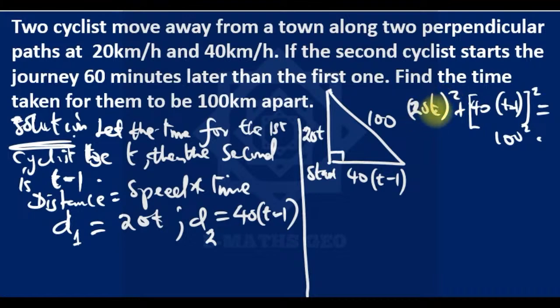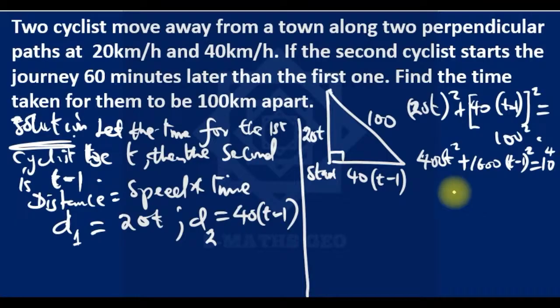Yes, by Pythagorean theorem. So let's expand. We have 20 squared is 400, so we have 400t squared plus 40 squared is 1600 times t minus 1 squared, equal to 100 squared is 10 raised to the power 4.